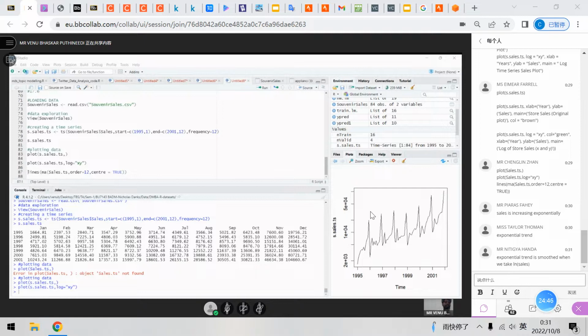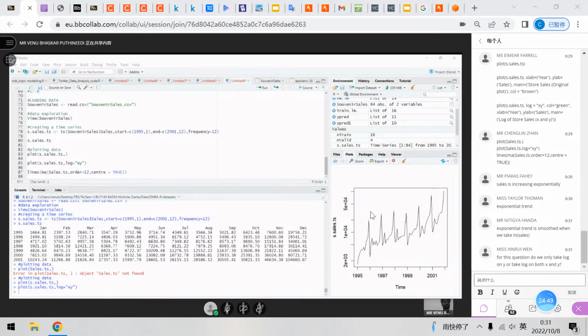And to the second part of the question, how many predictors would be there in this particular model? If you create a model, how many predictors would be there? You can take log on x and y to see how it is, or you can take log only on y. Anything.